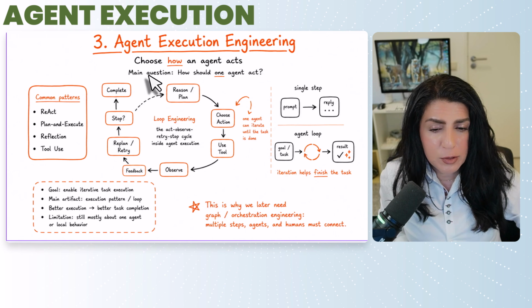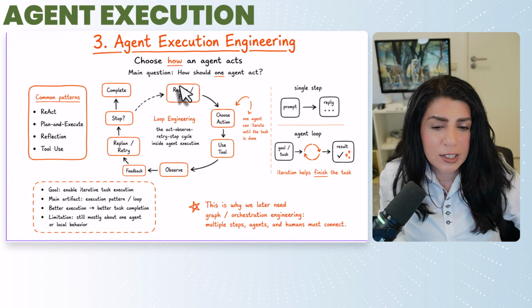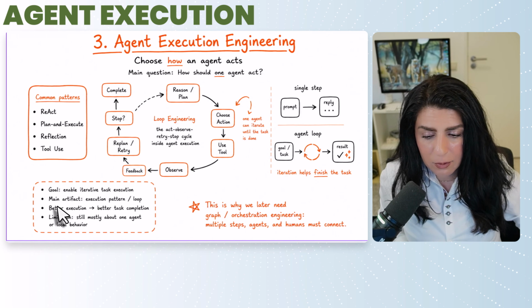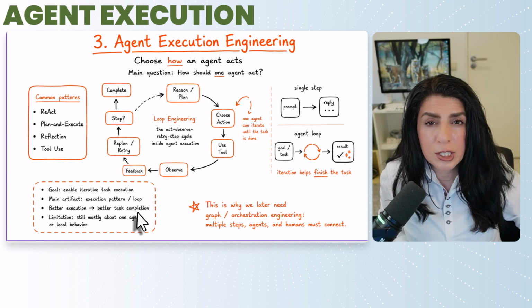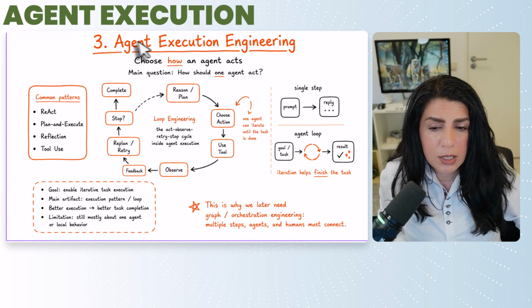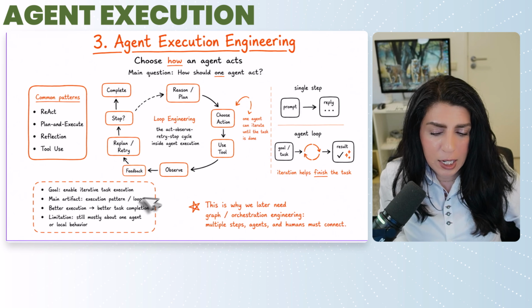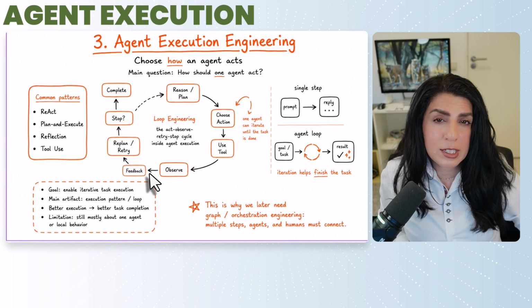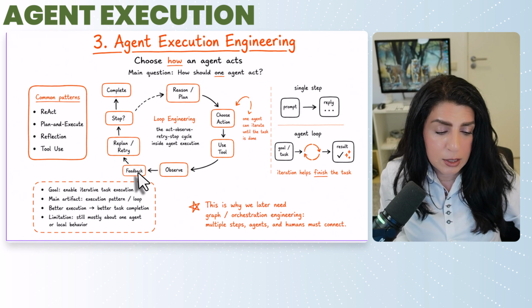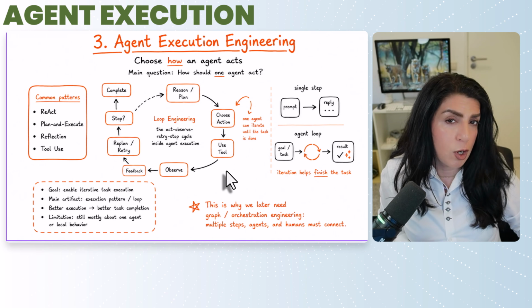In this stage, we want to answer how one agent should act in all of the situations. And we want to reach better execution and task completion. In our agent execution engineering layer, we are doing the execution and context well, but we still need multiple steps and some kind of graph or orchestration.